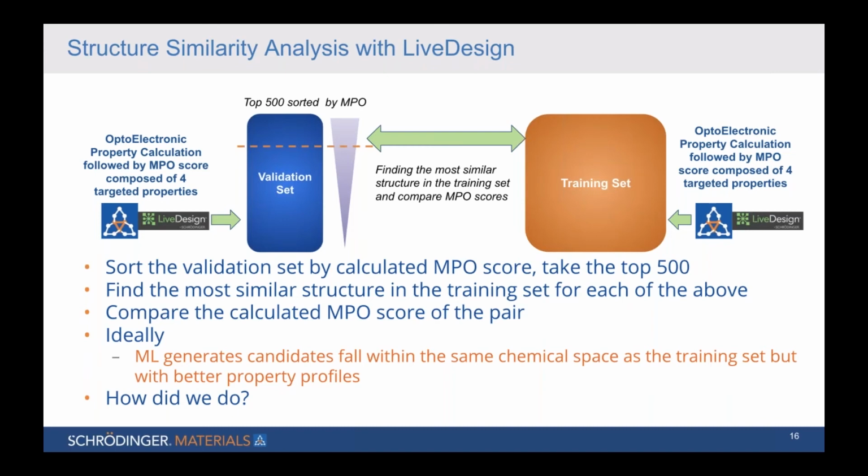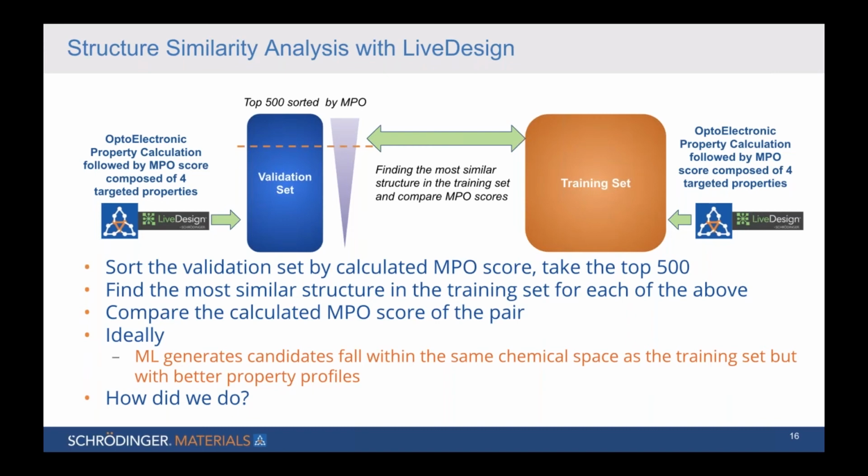To do this, we sort the validation set by calculated MPO score and take the top 500 structures. For each of the 500 structures, we find the most similar structure in the training set. Then we compare the calculated MPO score of the pair.